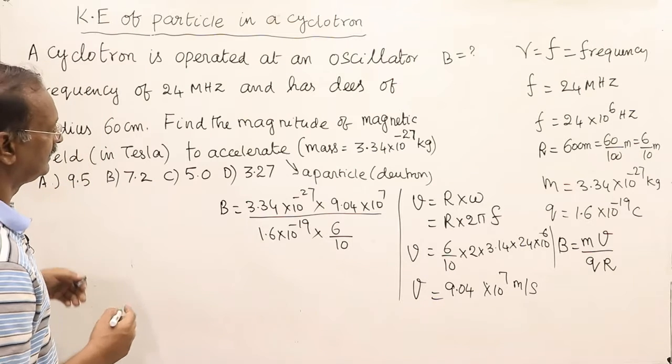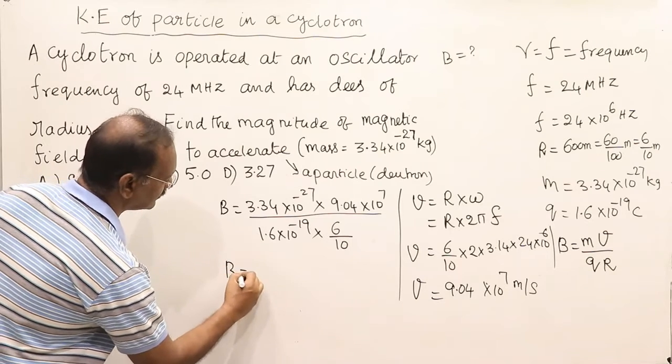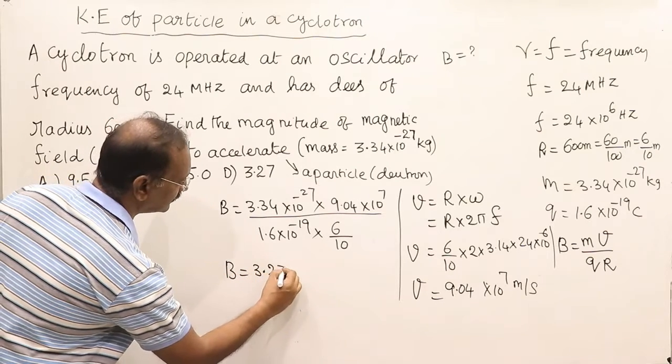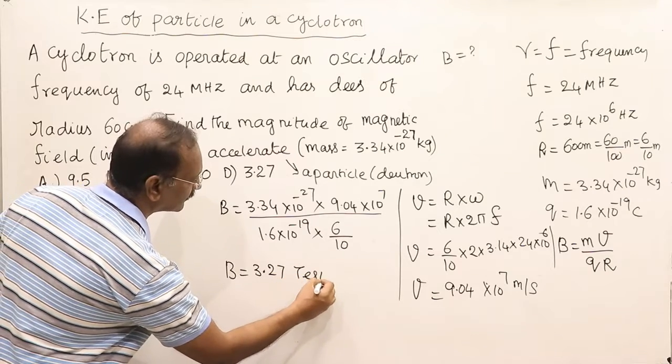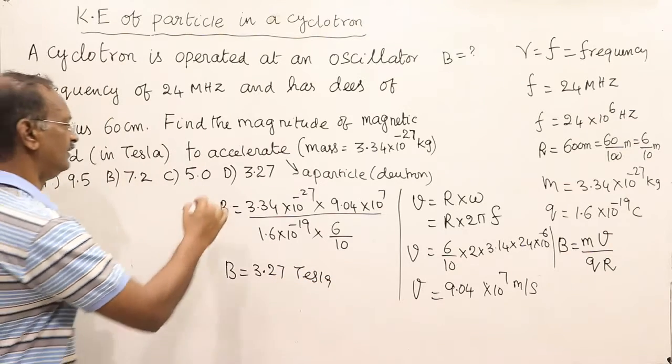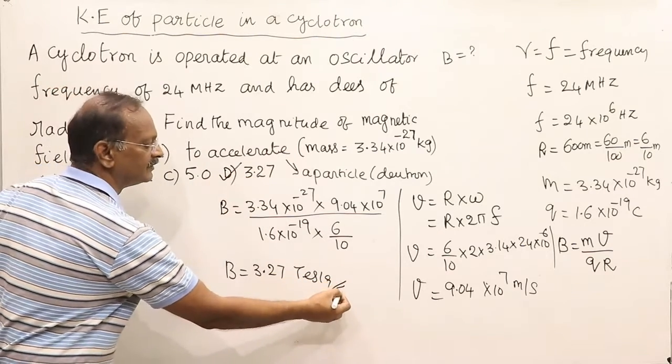Calculating the value, we get B is equal to 3.27 Tesla. So option D is the right answer for this question.